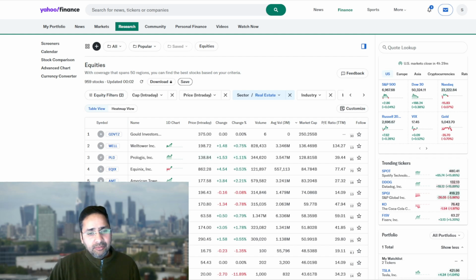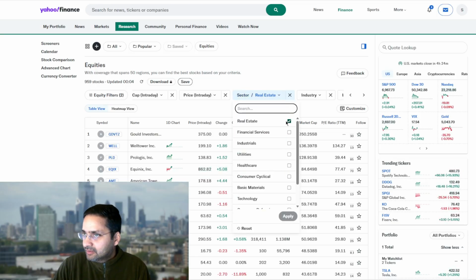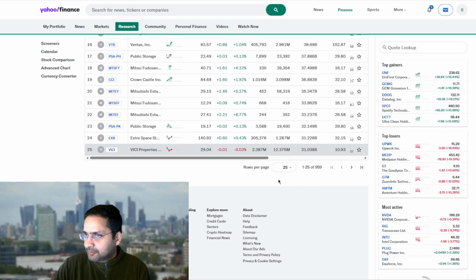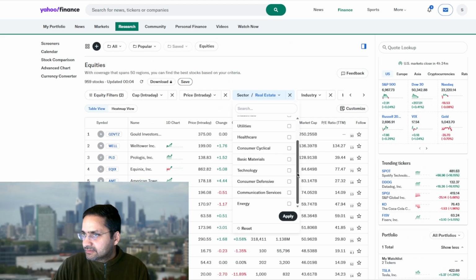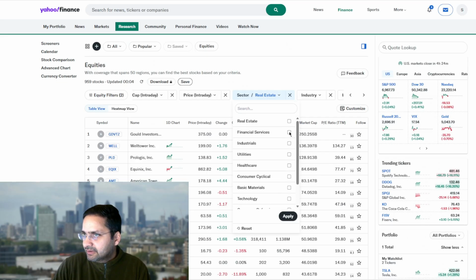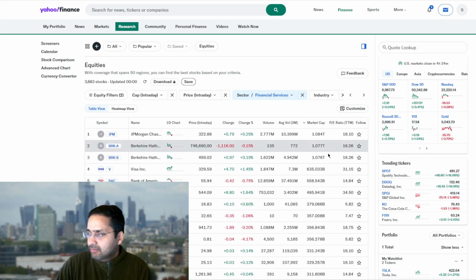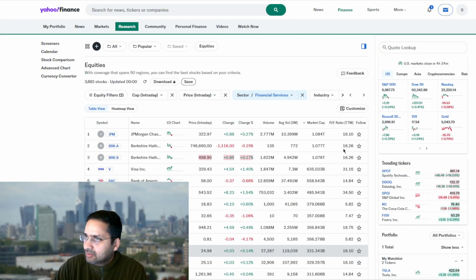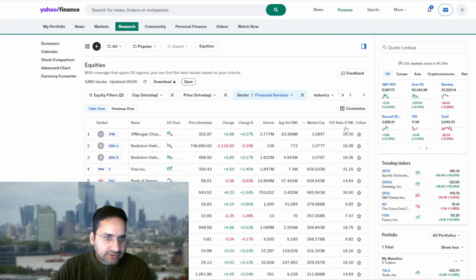And also because they have a lot of debt, the real estate companies are very sensitive to interest rates. Now, if you want to see a very interesting thing, then just filter this down to financial services, and you'll see most of the companies have a very low price to earning ratio here.